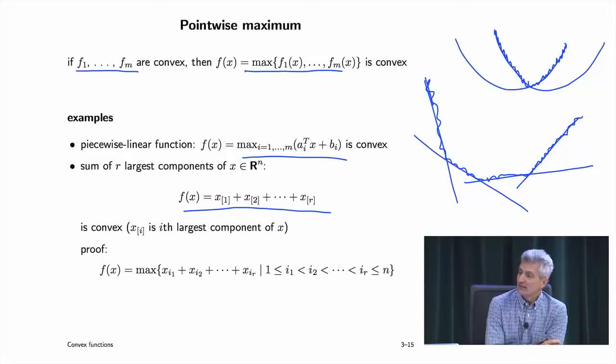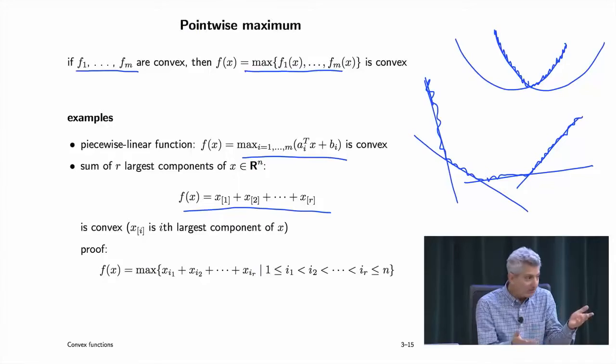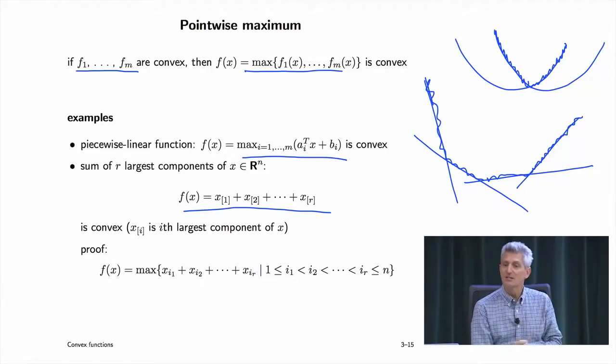Okay, let's talk about differentiating. So what's the gradient of the function which is the sum of the 5 largest entries in a vector? Wherever there's a gap between the 5th and 6th element in the vector, that function is actually just affine. And what is the gradient there?